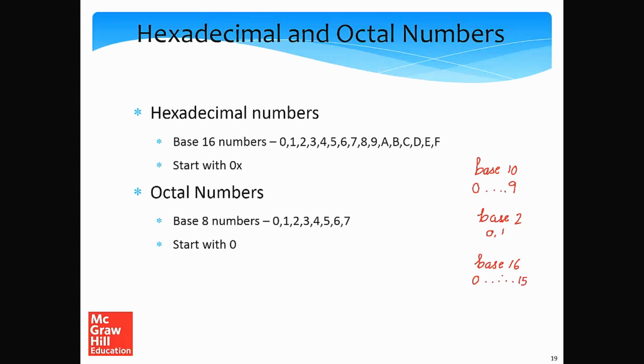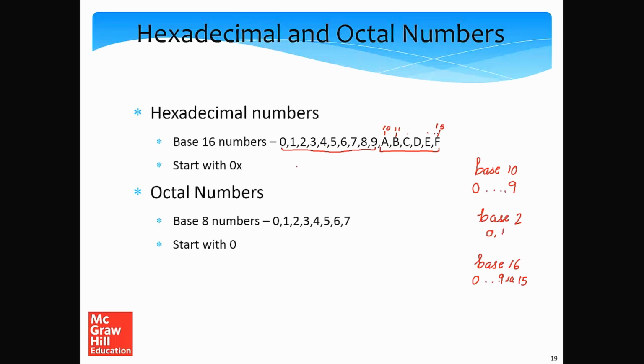But the problem is that till 9 we have digits defined, but beyond that we don't have our digits defined. So what we do is we use the set from 0 to 9, and then we say that A represents 10 in decimal, B represents 11, and in the same vein, F represents 15. So A, B, C, D, E, F are the 6 extra digits that we create to represent a number in base 16 or a hexadecimal number, and these 6 extra digits represent the numbers 10 to 15.